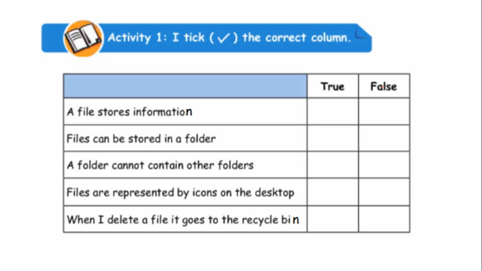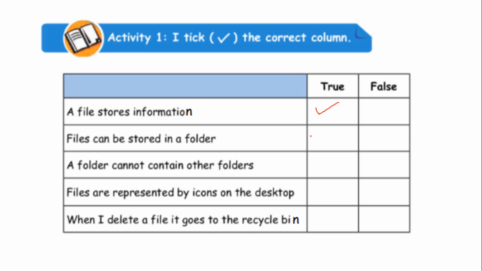If it is false, I will tick in the column of false. First, does a file store information? For example, if I have an Excel file saved, does it contain information? Yes. Therefore, the answer is true.